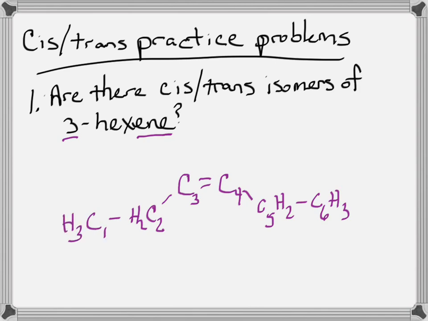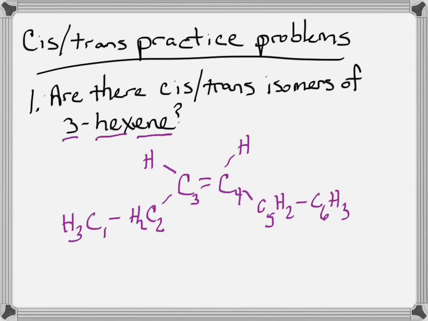And so there are my 6 carbons, because it's a hexene. The double bond is on the third carbon, and then each of these carbons needs a hydrogen. I drew it in that shape because it's more representative of its actual three-dimensional structure. Very flat, it looks kind of like an X when you draw it.